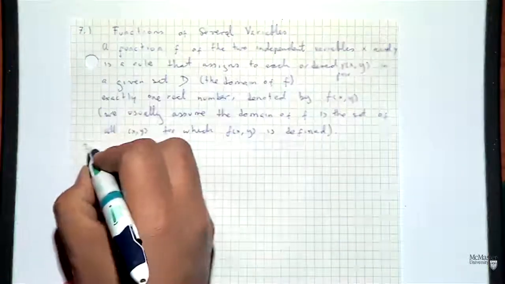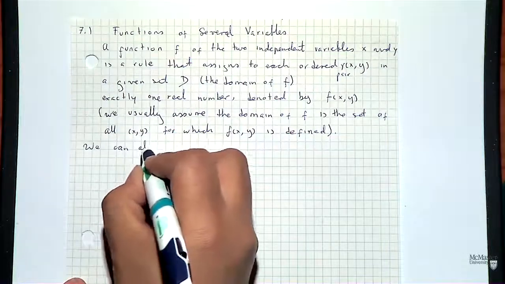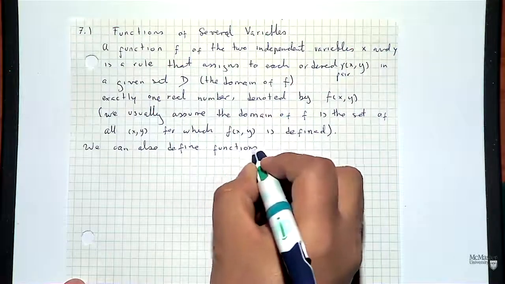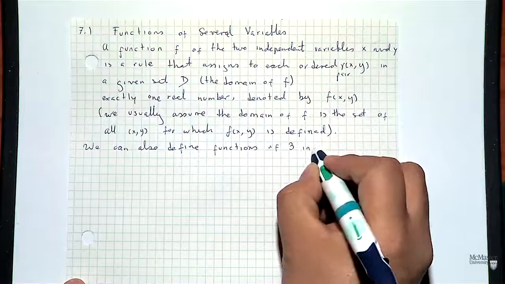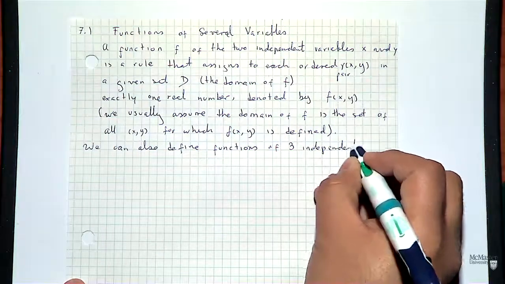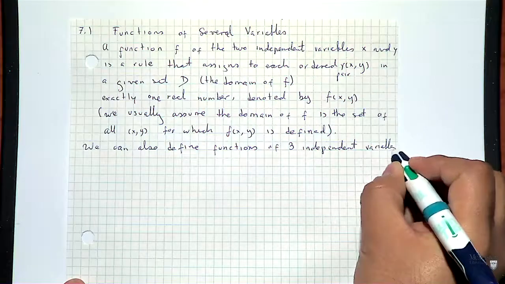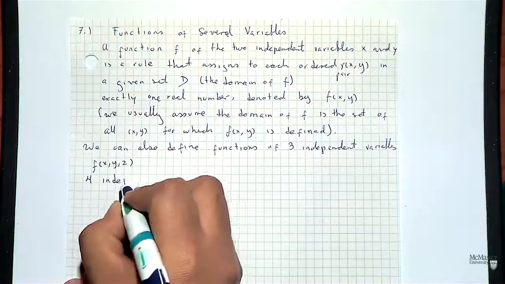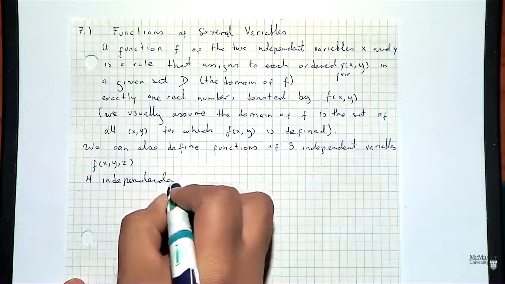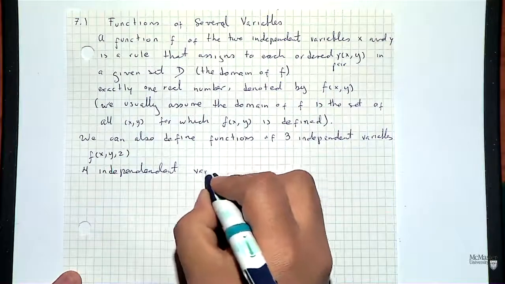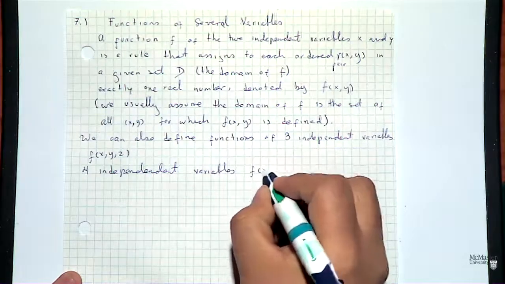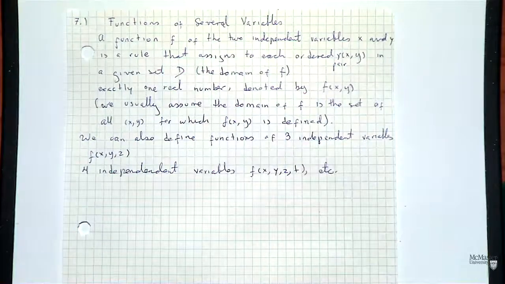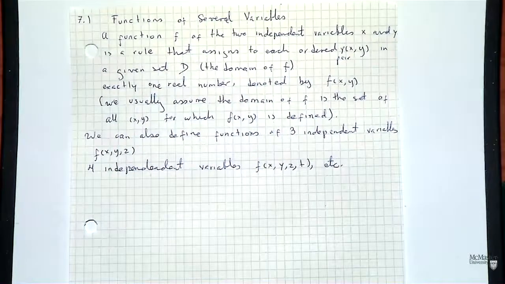So we can also define functions of three independent variables, such as f(x, y, z), and also four independent variables, such as f(x, y, z, t), etc. And in fact, if you think about it, you live in a 4D space, right?